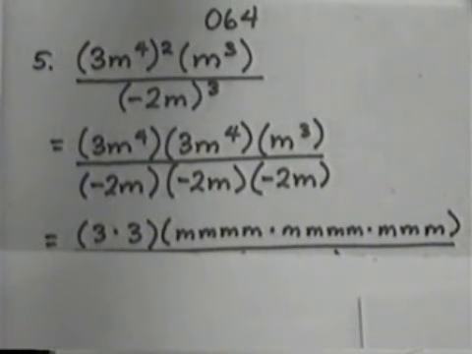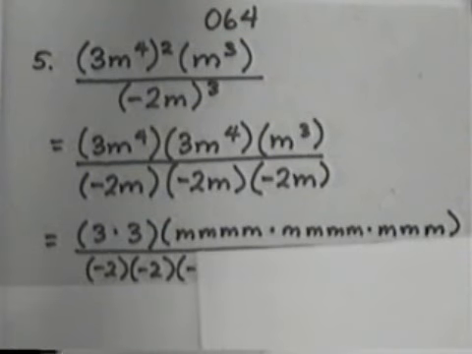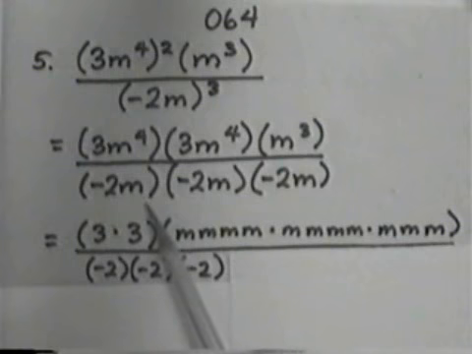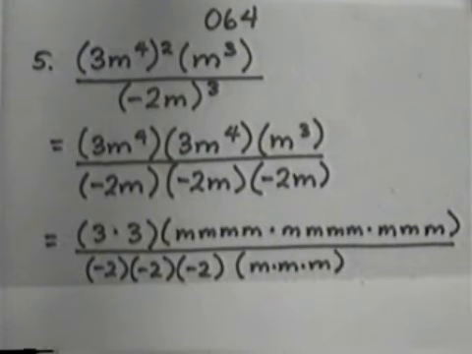In the denominator, our coefficients are negative 2 times negative 2 times negative 2, which we group together. And then the variables, from the first parentheses, m, from the second parentheses, another m, and from the third parentheses, another m. Now we get to try to cancel.